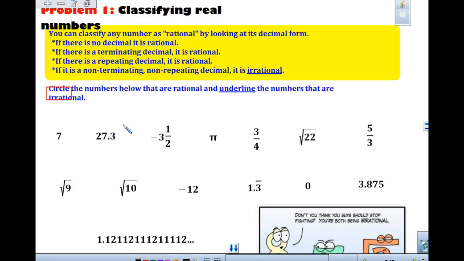Keeping in mind where your different sets are up here. Once you've done your circling and underlining, give me a thumbs up. You're also going to check with your shoulders.